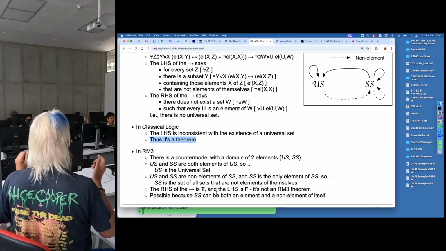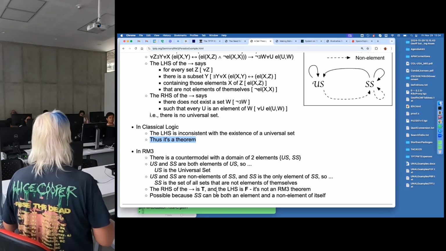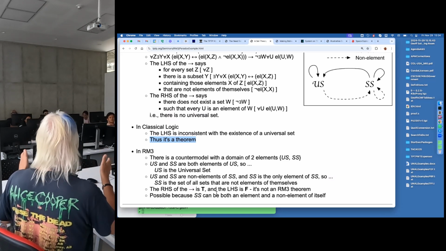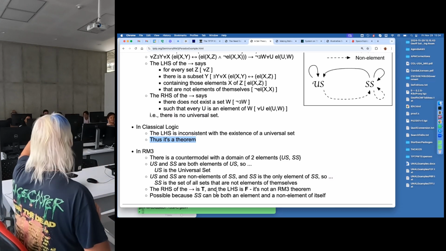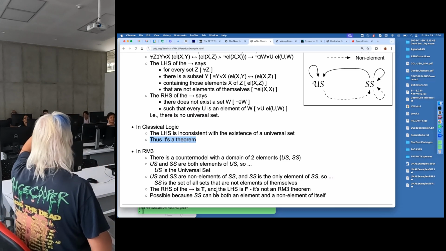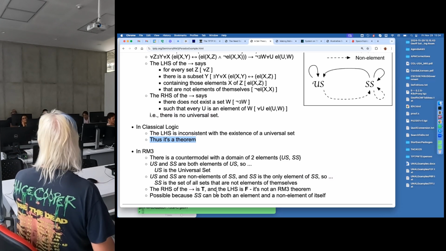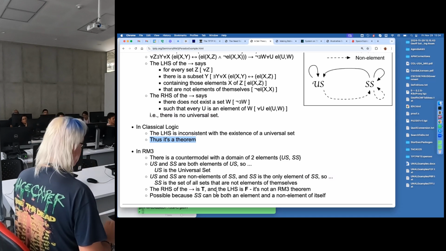You can have a set that contains an element and also does not contain the element at the same time. It's like Schrodinger's cat. You know, you don't know if the cat is dead yet. You can have that. That's another example. So if you want to do quantum physics, you need this kind of logic, right? Because quantum things can be in two states simultaneously. So that's another nice application.